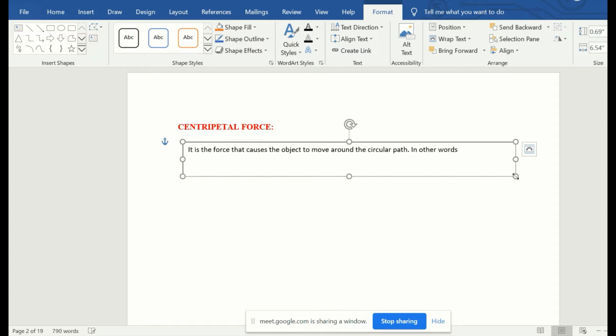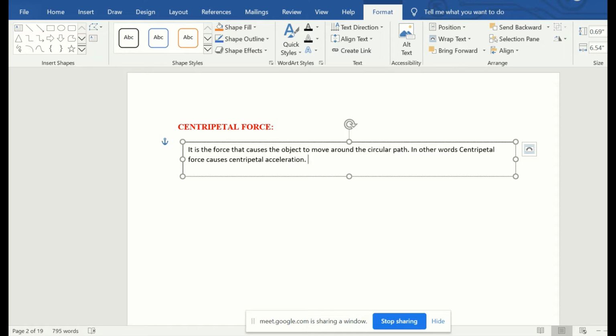So in other words, we are saying that centripetal force causes centripetal acceleration. So centripetal force causes what? Centripetal acceleration.